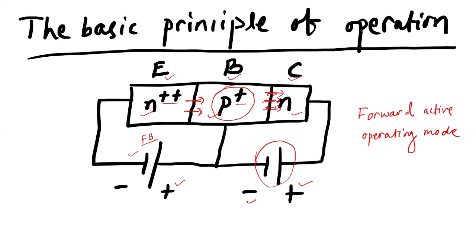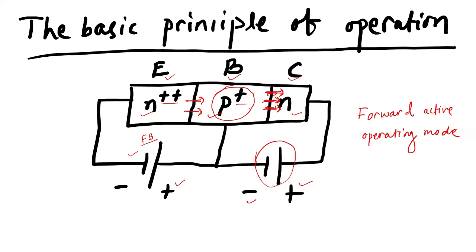Okay, so this is how it works. The emitter is heavily doped so that the electron concentration will increase in the base region, which is a minority carrier concentration for the base region because it is the P region. And from the P region, because of the concentration gradient, and the collector is your least doped, the electrons can easily be injected through this region, even though the base collector is reverse biased.